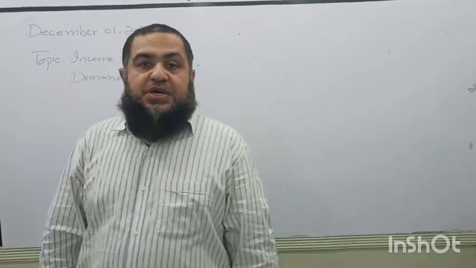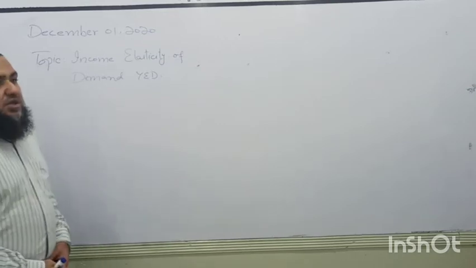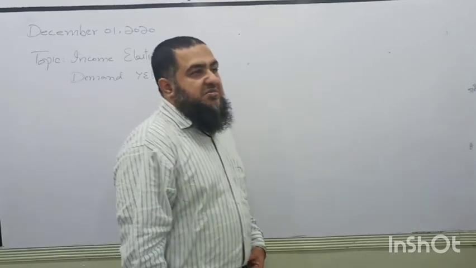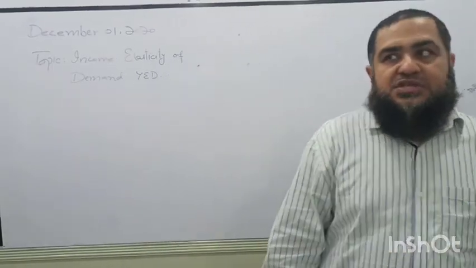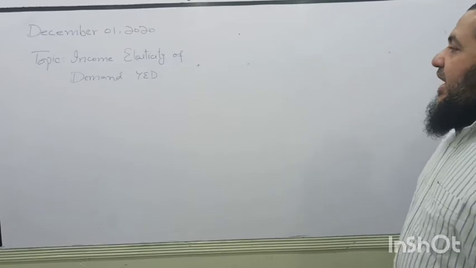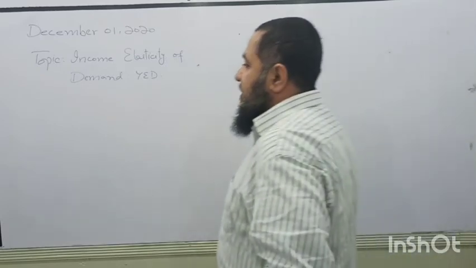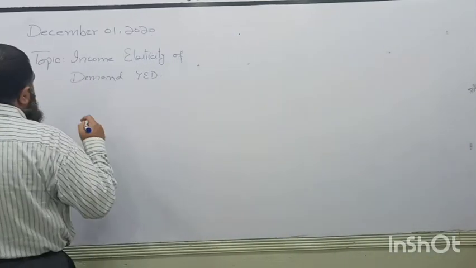Income of the consumers is also going to affect the demand for certain products. Income influences the demand for different types of goods and services. Whenever there is a change in income, there can be a change in the demand for goods and services. We can have different types of goods, which are called normal goods.